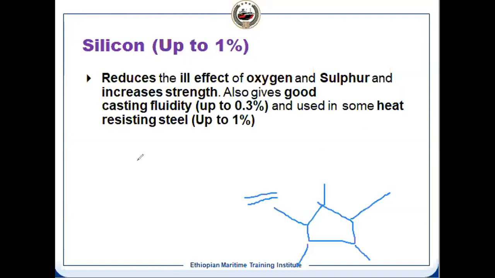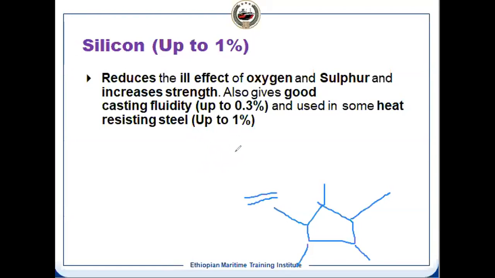Fluidity is important for casting, because it has to flow to all the cavities you have made in the mold, which has to be filled up with the molten metal, and then it gets solidified. So if the fluidity is not there, then what will happen? It will not reach all the cavities you have made to fill up, to give the casting a shape. So this silicon helps us.